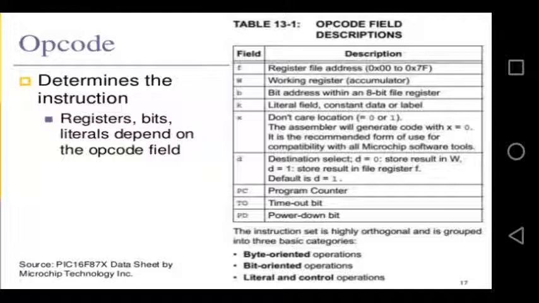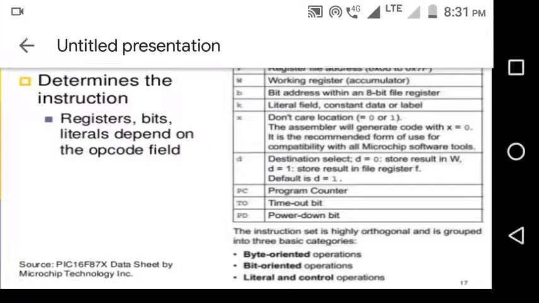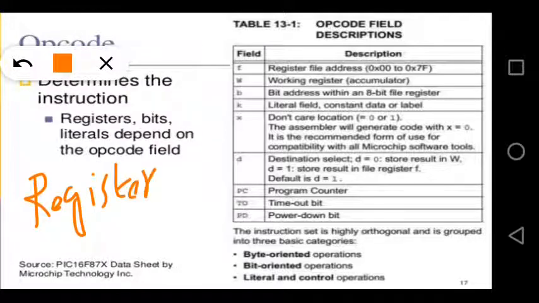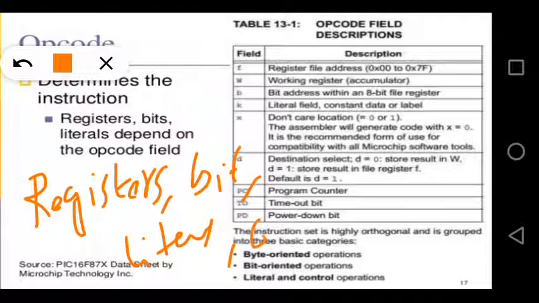For example, the opcode field description has been given here, which is easy to understand. What type of instruction, what registers it contains, what bits, any literals, all depends upon the opcode.